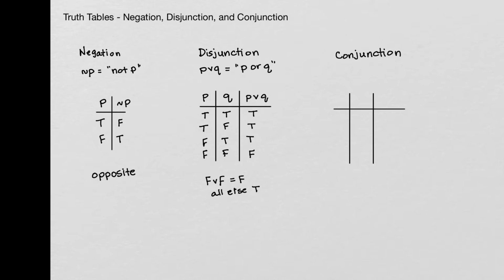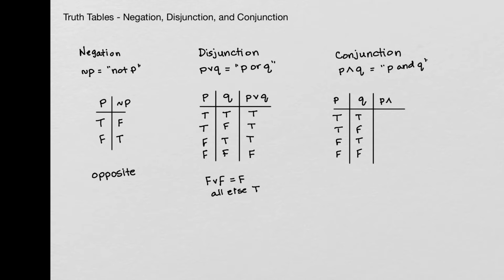Then with conjunction, here we have P and Q. And my column headings are P and Q. And again, true, true, false, false, true, false, true, false.